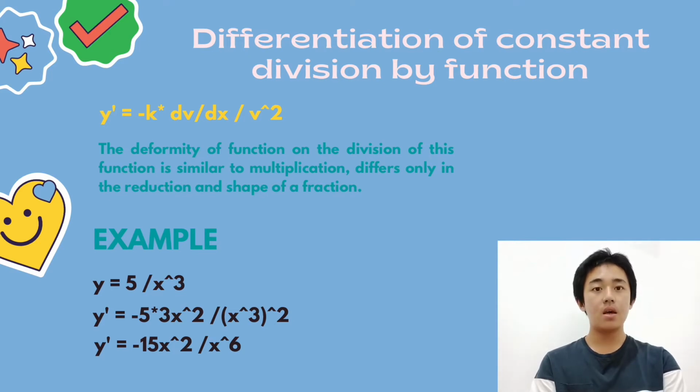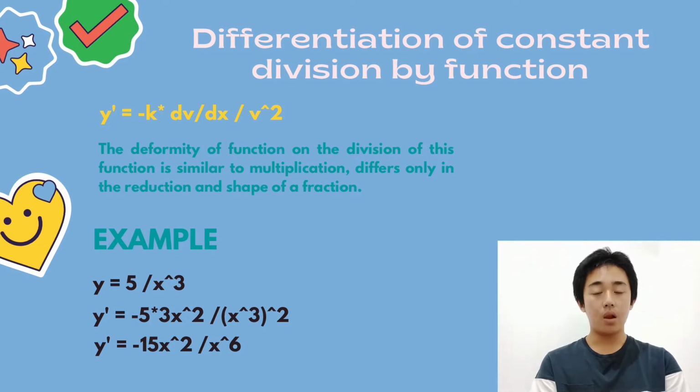So it becomes 3x squared. So negative, remember, because it's division, so we change the constant number into negative. So it is negative 5 times 3x squared divided by x cubed.